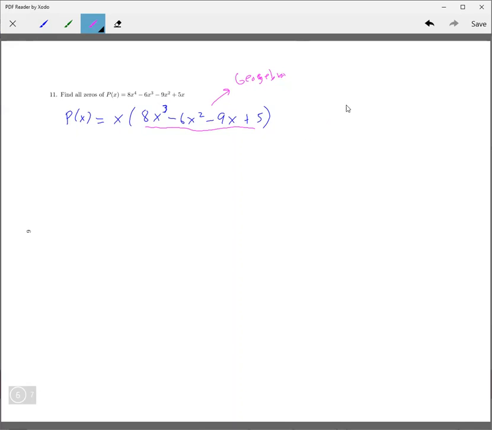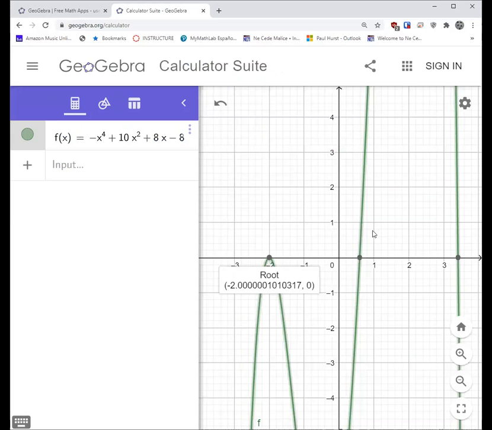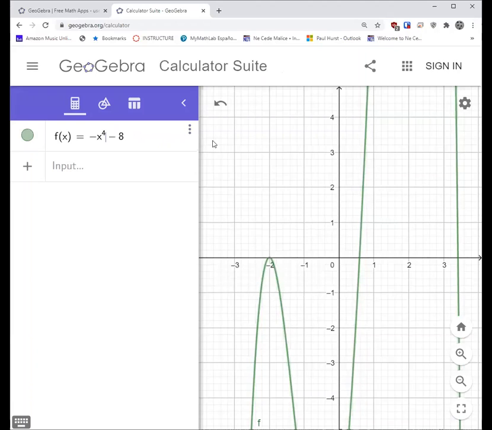Okay, so 8x cubed minus 6x squared minus 9x plus 5.